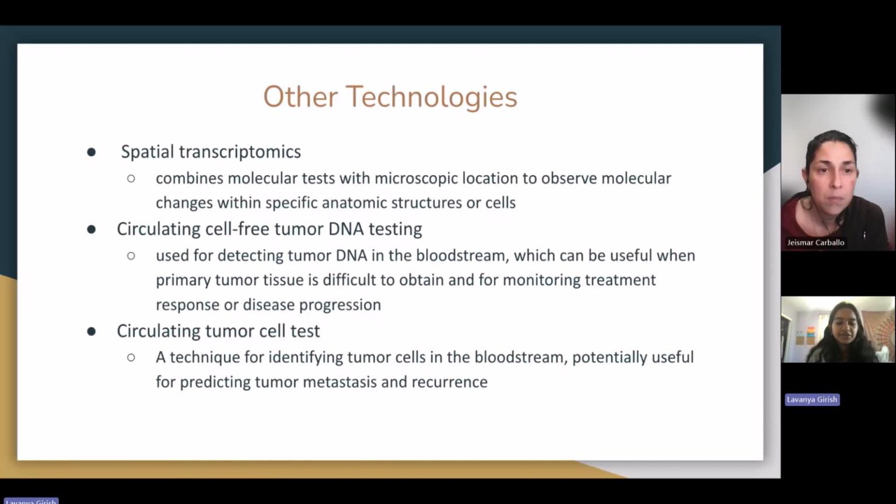And then the circulating tumor cell test is a technique for identifying tumor cells in the bloodstream and is particularly useful for predicting tumor metastasis or recurrence.